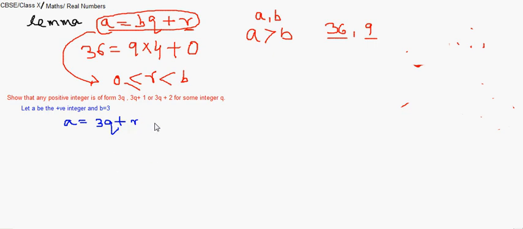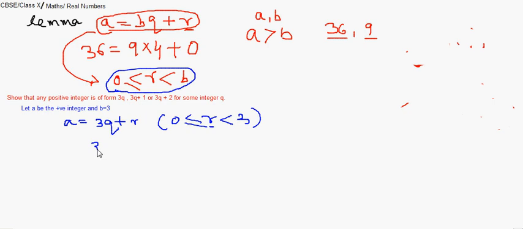So this R should be greater than or equal to 0, and it has to be less than 3 because 3 is B. Look at the condition here. It has to be less than 3. This is the first condition. So what can be the possible values of R? It can either be 3q plus 0, where R is nil, or it can be of the format 3q plus 1, or it can be 3q plus 2.